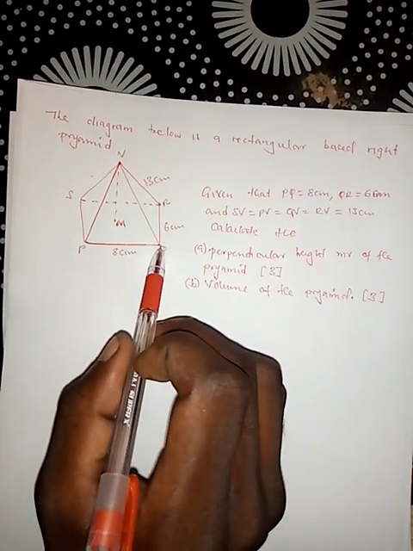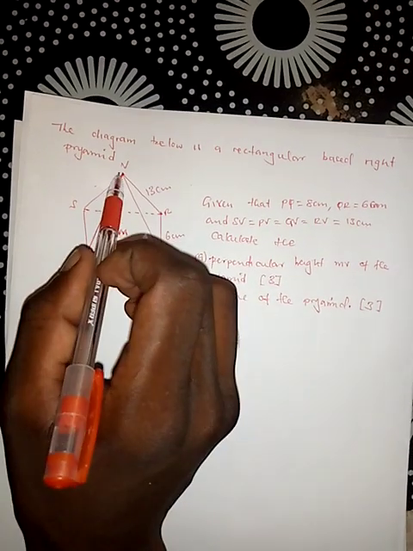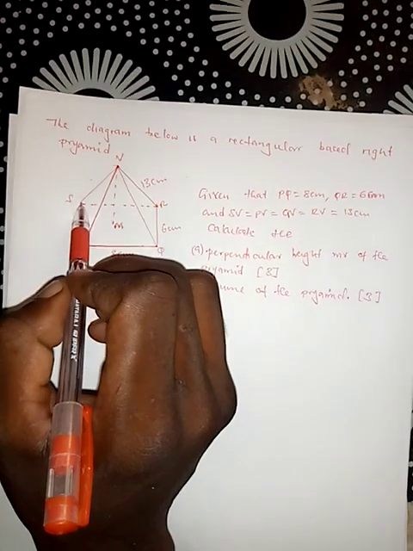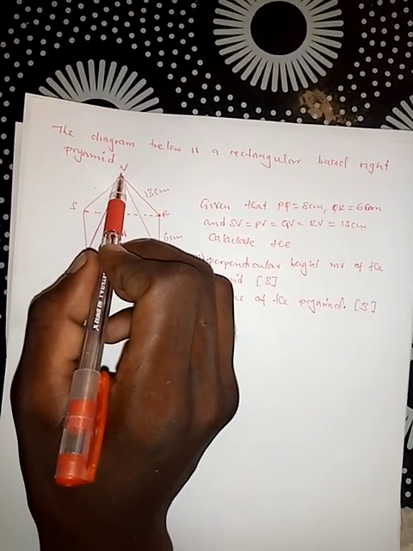This distance from here to there is 13, from there to there is 13, from here to there is also 13, and from here to there it is 13.